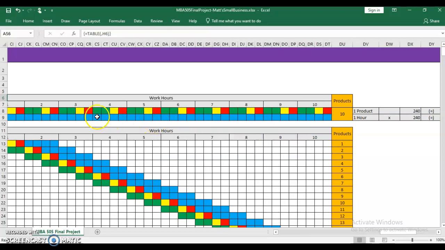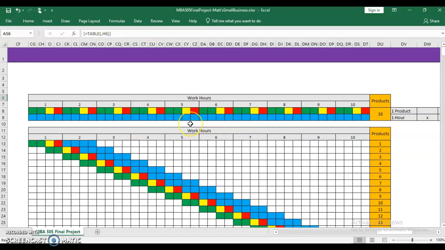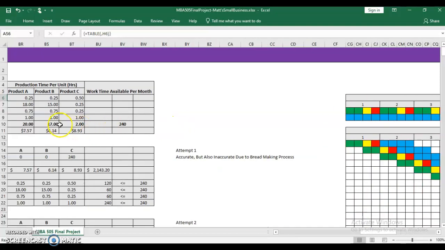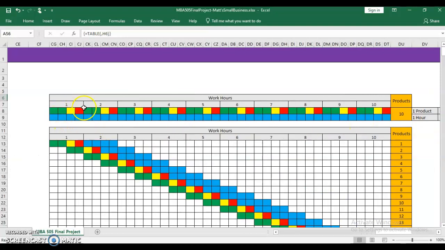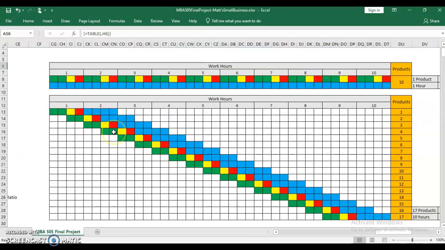So if we have 240 hours of cooling time, we're going to have 60 of cooking time, 60 of let sit time, and 120 of prep time. It's pretty much proportion, saying we can make one loaf of bread per hour.